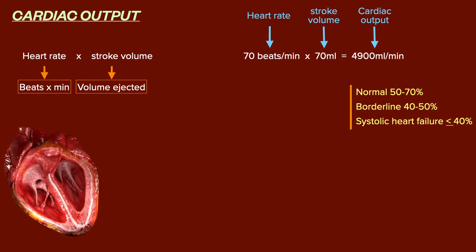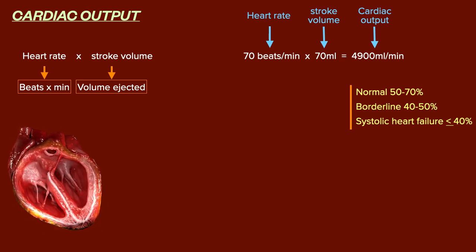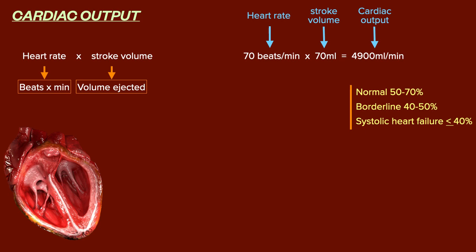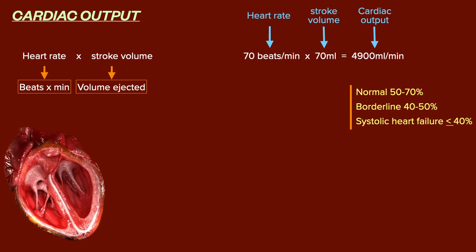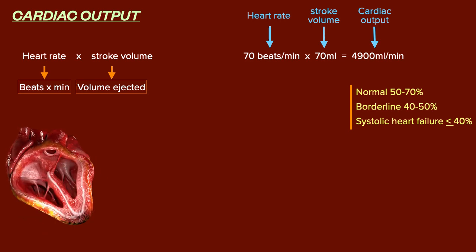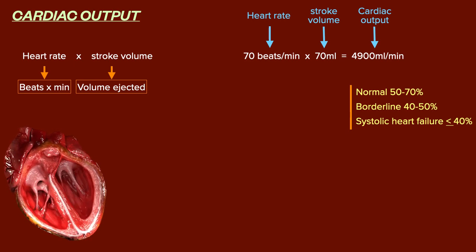The heart rate is pretty intuitive. So you beat 70 times, you beat 50 times, very easy to understand. But stroke volume is a little more tricky.